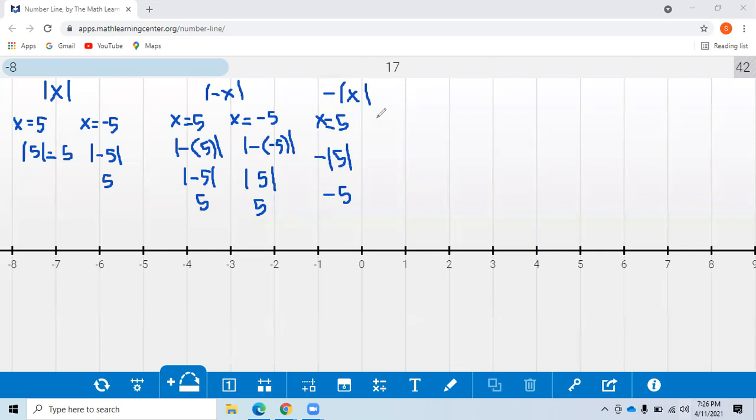And if x is equal to negative 5, well, we're going to substitute this into our expression. And we have the opposite of the absolute value of, now instead of 5, we have negative 5.